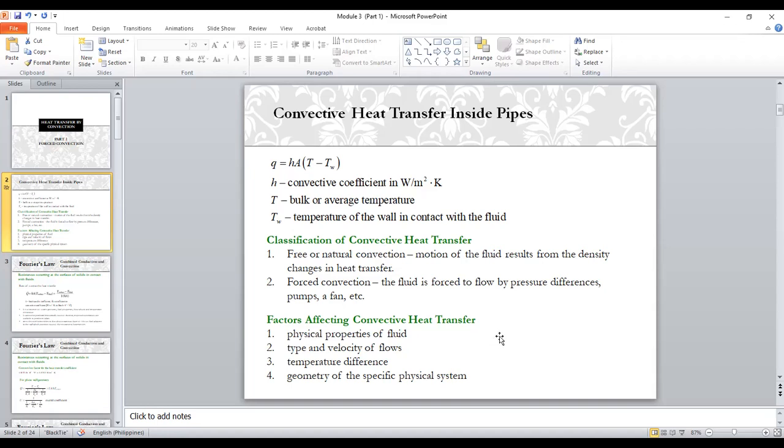Now, factors affecting the convective heat transfer, there are four placed in the slide: the physical properties of the fluid, the type and the velocity of flows, the temperature difference, and the geometry of the specific physical system. These are actually the reasons why there are a lot of things to consider when we solve problems regarding convective heat transfer. It's not as simple as conductive heat transfer.